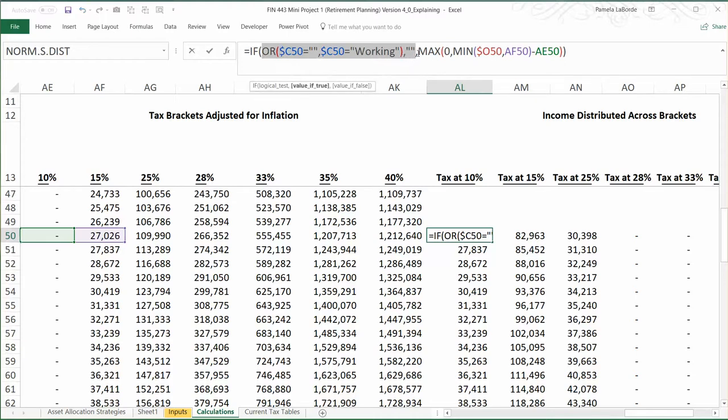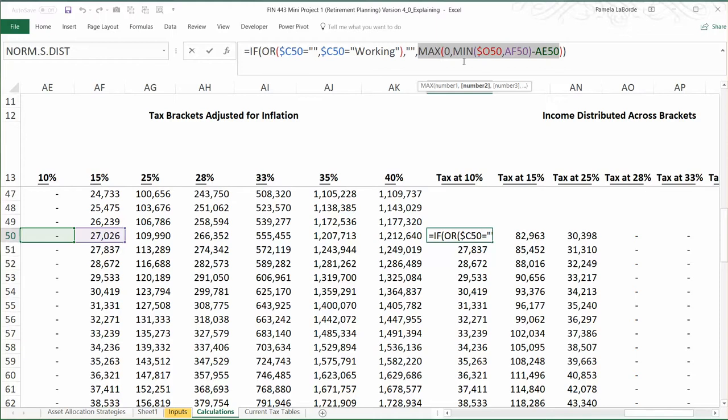Otherwise, they need to take money out of their 401k, so let's calculate how to allocate that money across the different tax brackets. And remember, the amount being calculated isn't the total tax, it's only the amount of their 401k withdrawal that's being taxed at this bracket, which is 10%.